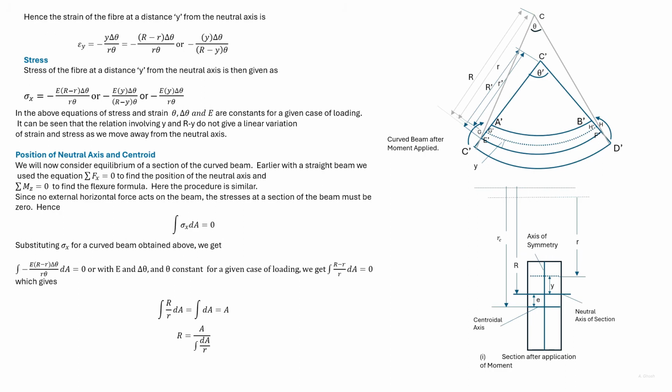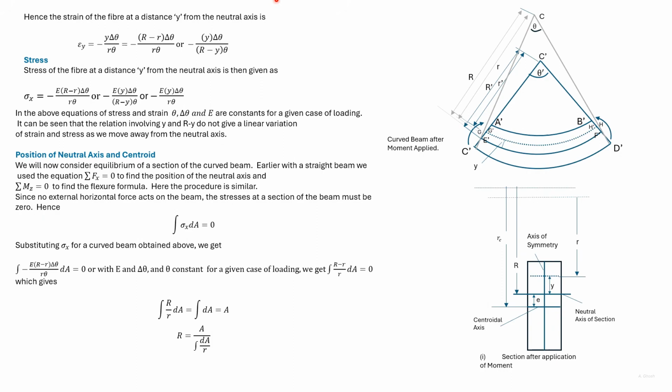Strain is given as change in length by the original length. So we took a fiber and the change in length was minus y del theta, and the original length of the fiber is r into theta. So we get strain by this expression.